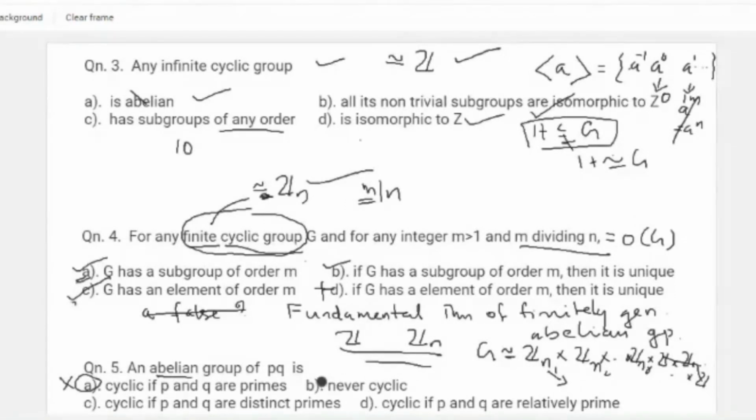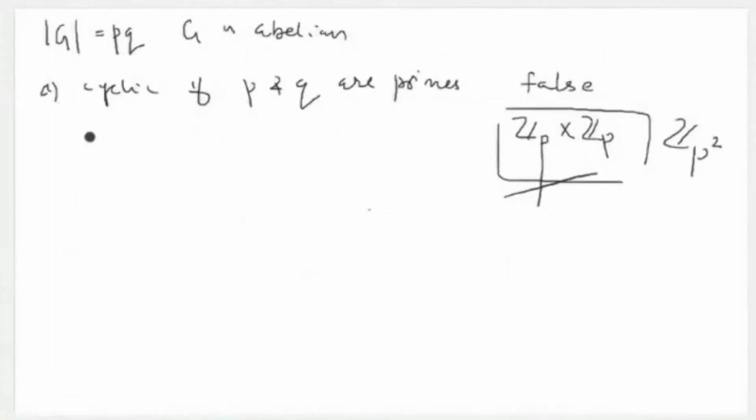No, there are possibilities. It can be cyclic, as in the previous example, the group can be Zpq. So option B, never cyclic, is also not true.